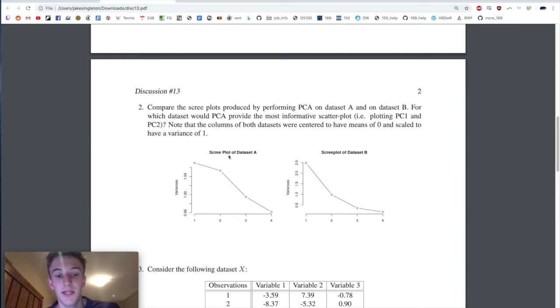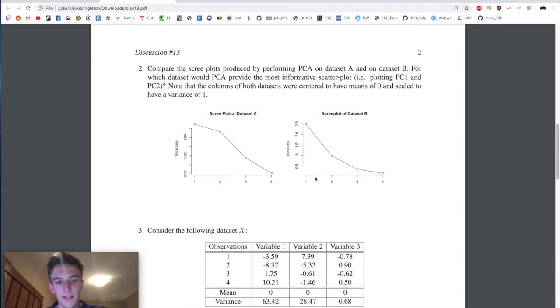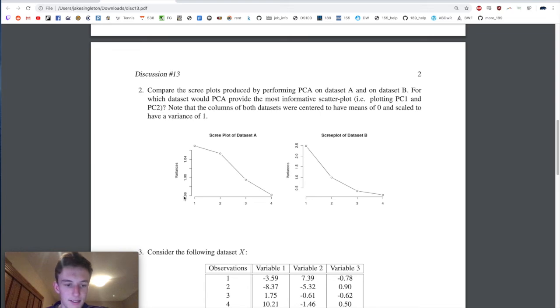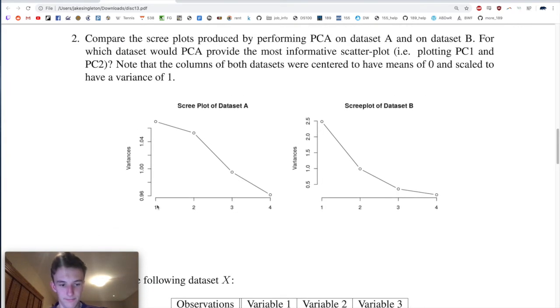And in this question, we have 2 data sets, and we want to determine which one could best be represented in a scatter plot after performing PCA. And the key thing is to look at the y-axis here. So I'll zoom in. Look at the y-axis here. And you'll see that in data set A, these variances are incrementing very slowly, so only by 0.02 units of variance each tick. Whereas here for data set B, these increments are substantially larger. So we're going from 0.5 to 1 to 1.5 to 2 to 2.5.